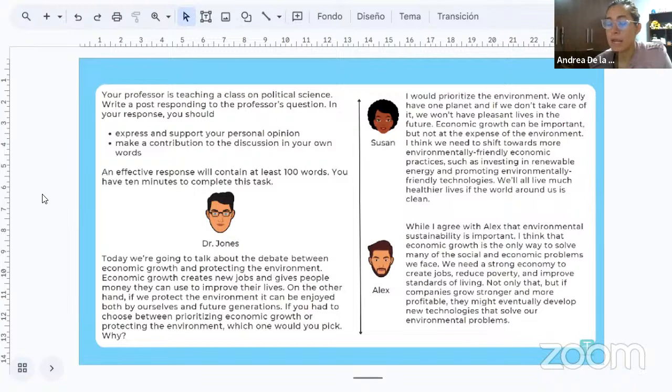Okay. So careful. So Matilda, in your case, for example, when you're summarizing Susan's reason, you said, besides the fact that we need to take care of the environment to continue living comfortable lives. But I am not totally sure if that's exactly what Susan said, right? Try to make sure that you are really summarizing Susan's or the student's point, student A's point, because here she doesn't talk about living comfortable lives, right? She says live healthier lives, maybe.